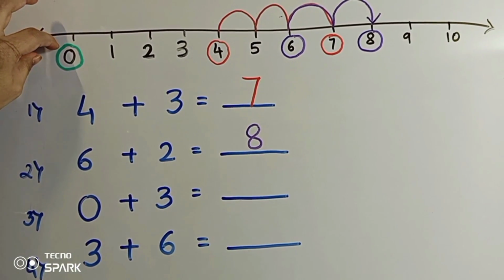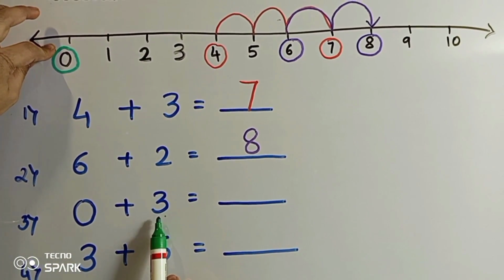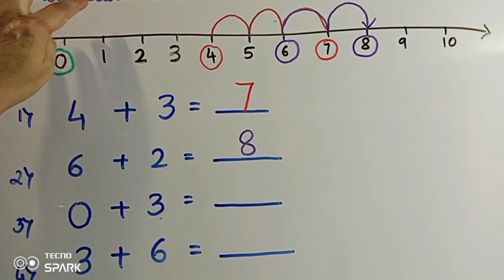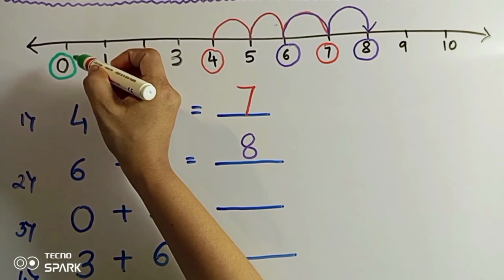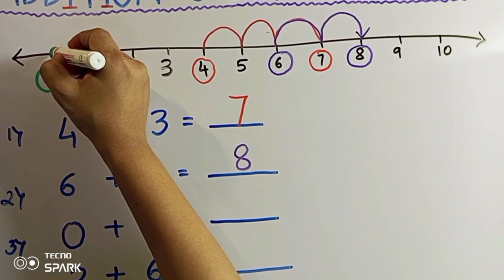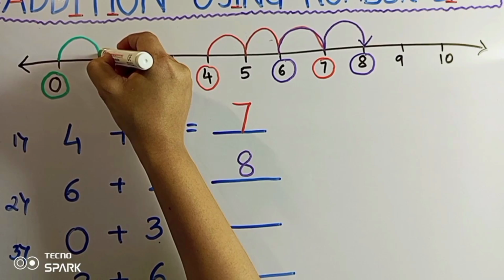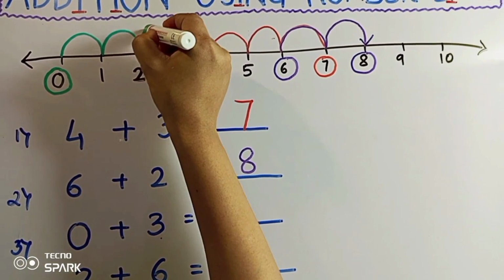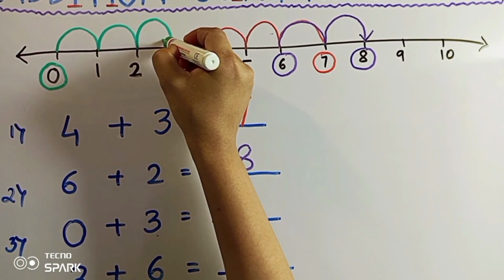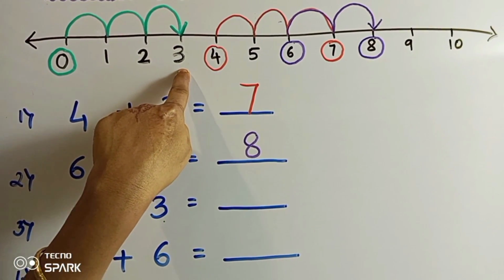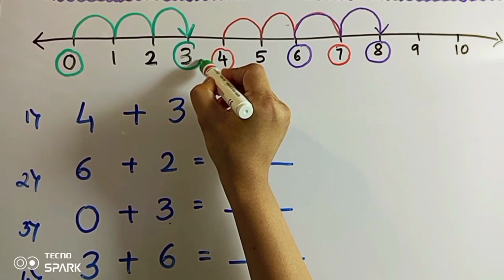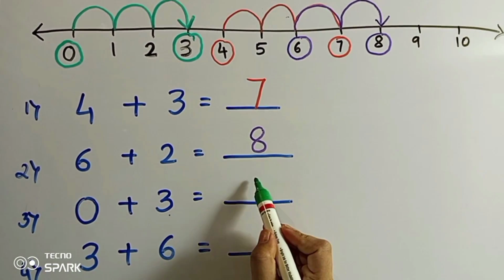So, from number 0, we will ask children to move 3 steps or take 3 jumps in the forward direction. So, let us start. 1, 2 and 3. And where did we reach? We reached at number 3. So, the answer for this would be 3.